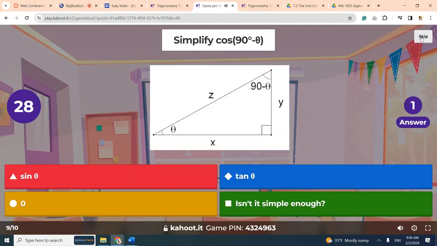Complementary angles. What is cosine of 90 degrees minus theta? Complementary angles.